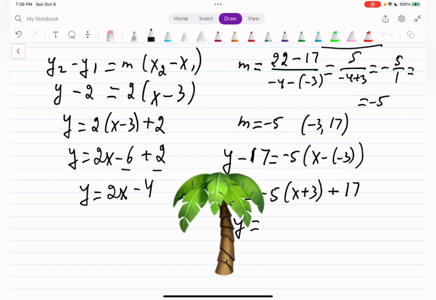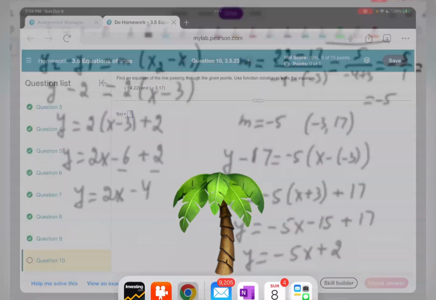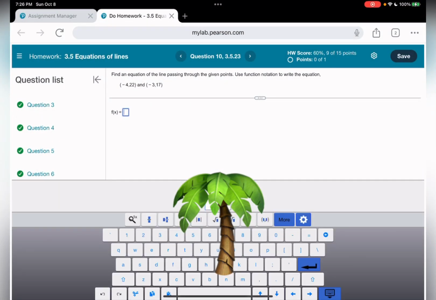From here, y is equal to negative 5x minus 15 plus 17. y is equal to negative 5x plus 2. Let me write down negative 5x plus 2.